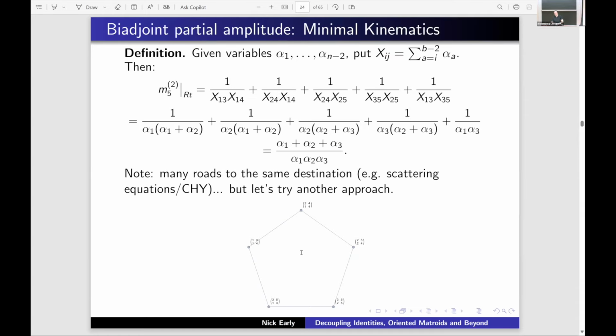So just a quick illustration here. How it collapses: the planar phi cubed amplitude, when you impose these constraints, simplifies radically to the simple fraction here, suggestive of a simplex. It is a triangle in this case.